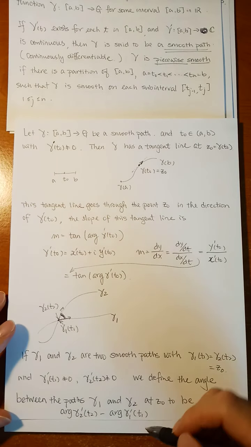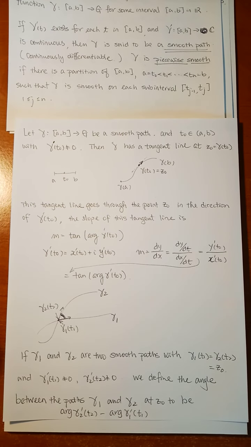So you just get that. This difference could be positive, could be negative. Or if you want a real positive number, just take the opposite value, and you will always get a positive angle. It doesn't matter, it's not that important.